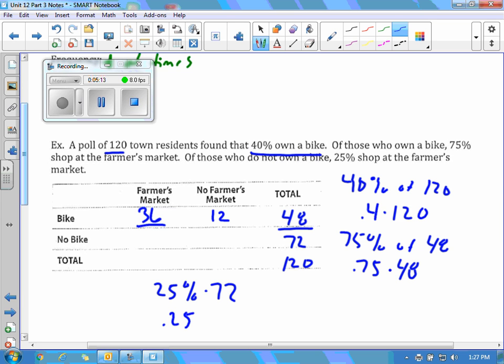So 0.25 times 72, and when you multiply that, you get 18. So a quarter of them shop at the farmer's market, 18 out of 72, which means 54 out of 72 do not shop at the farmer's market. Then we can get these totals. 36 plus 18 is 54. 12 plus 54 is 66. And now our two-way table is complete.